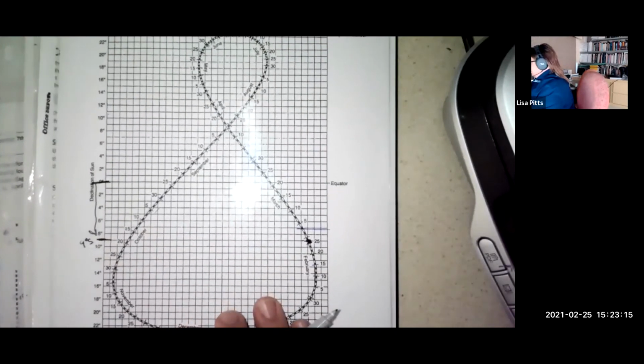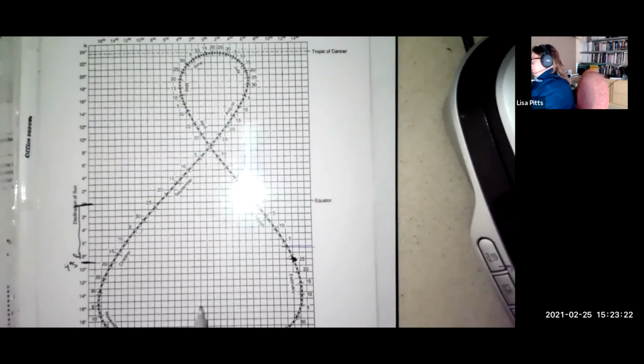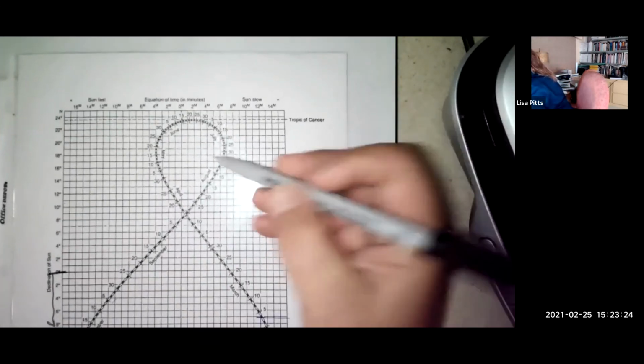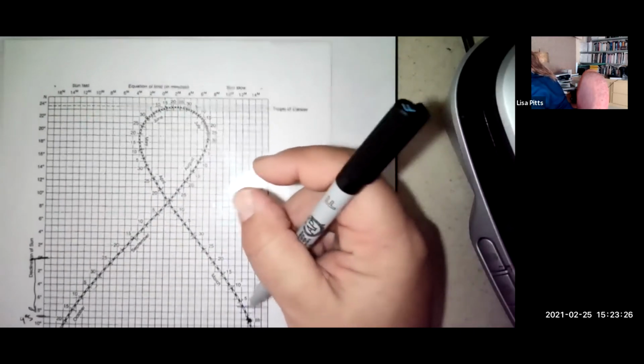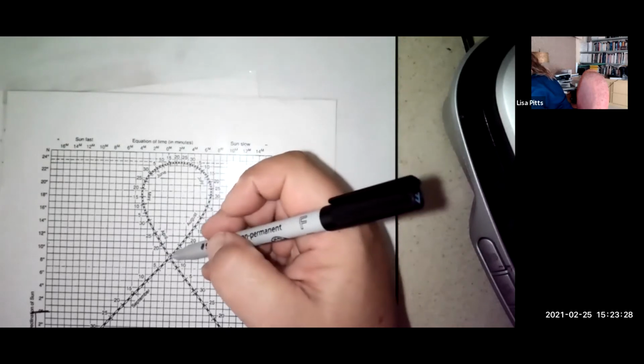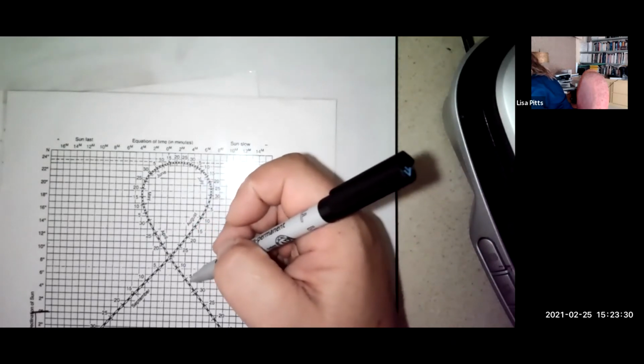Oh, okay. So that's how you do the analemma. It's literally that straightforward. So we can pick any day. So April 3rd. So March, April, here's the 10th. So here's the 5th. So this is like April 3rd right in here.